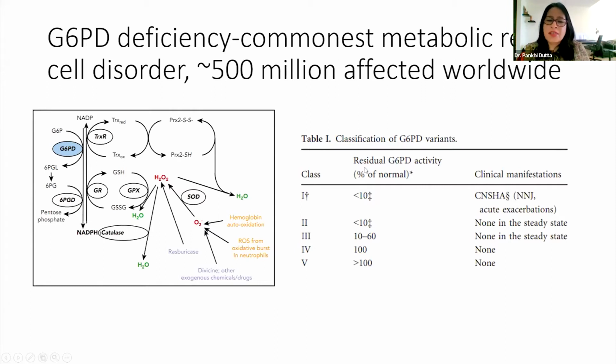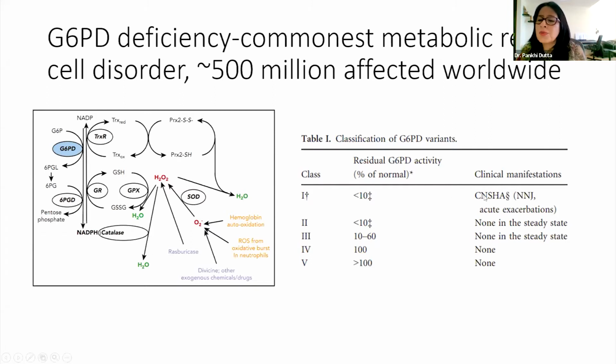And the most severe ones are class 1 and class 2, where the residual G6PD activity is very less. However, even though class 1 and 2 have similar very low levels, it's class 1 which is very severe because of differences between the two classes in enzyme kinetics. Though the amount is the same, the way they behave is different.